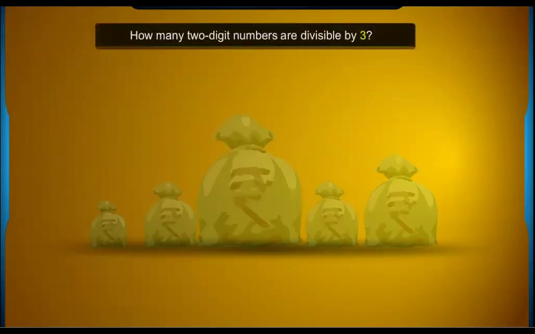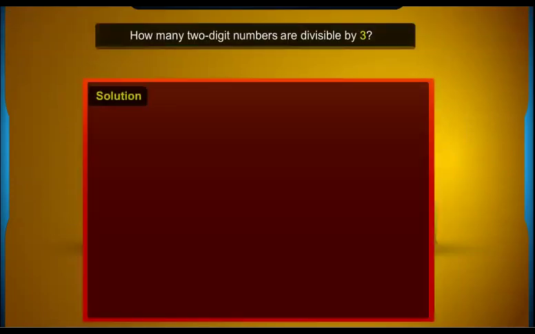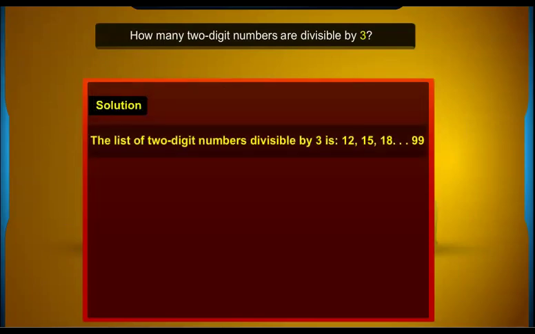How many two-digit numbers are divisible by 3? Solution. The list of two-digit numbers divisible by 3 is 12, 15, 18, ..., 99. Is this an AP? Yes, it is. Here, a = 12, d = 3, an = 99.